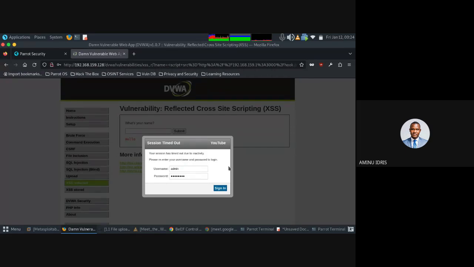So the best way to protect yourself is this: when a lot of pop-ups come up, on no account should you give your information there. Whenever you see a message telling you that your session has timed out, if you are not on that particular app, don't give out your details for the session to continue.